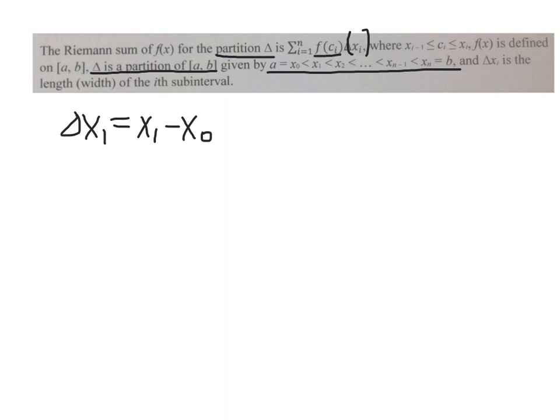And in the Thinkwell material, they call this delta x sub i the length, but we've been referring to it as the width, so I'll kind of go back and forth on that. But again, these don't have to be the same length, but it's nicer when they are the same length.